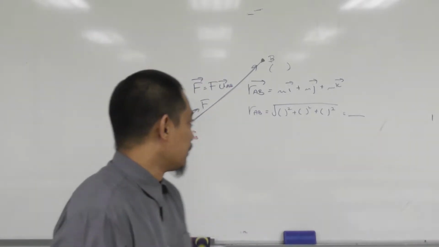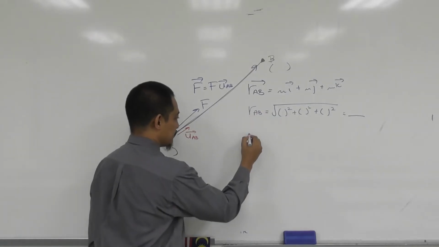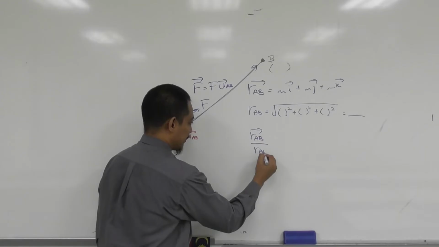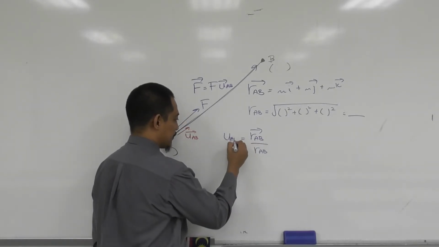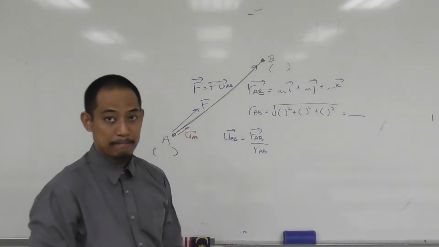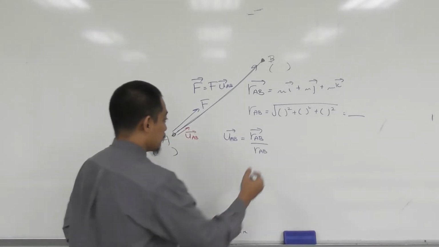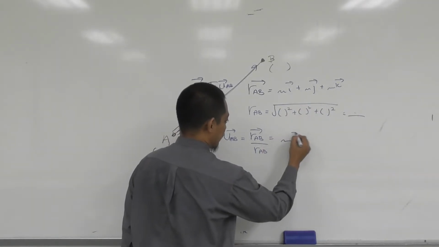If you divide RAB by the magnitude of RAB, you get the unit vector of AB. So this vector divided by this magnitude gives you another vector.